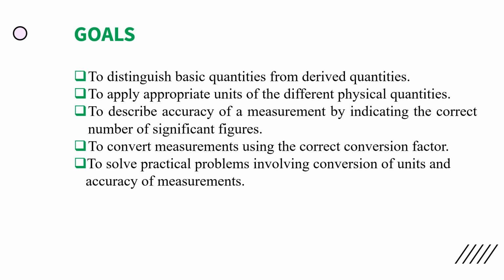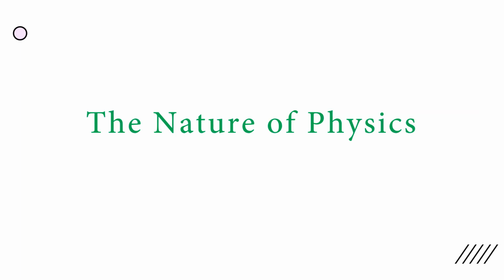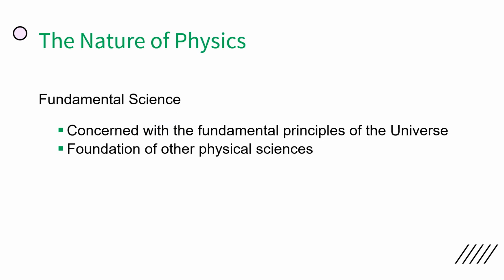And at the end of this video, you will learn how to distinguish basic quantities from derived quantities and to apply appropriate units to the different physical quantities, to describe accuracy of a measurement by indicating the correct number of significant figures, to convert measurements using the correct conversion factor, and to solve practical problems involving conversion of units and accuracy of measurements. So first, let us have the nature of physics.